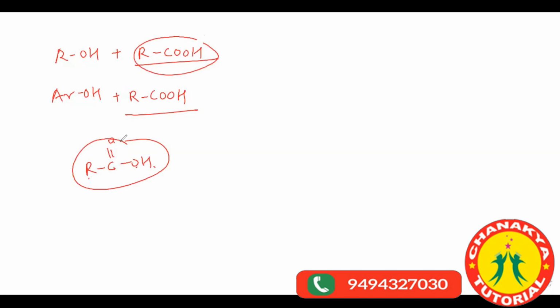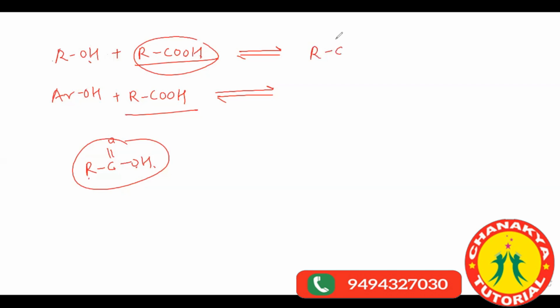Fine. So this reaction would be reversible. What will happen? You have to form ester in this case. How will you get it? R, C double bond O, OR. And this hydrogen and this OH group will form what? Water molecule, correct? Yes or no?